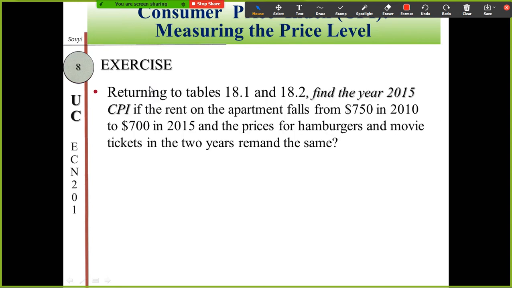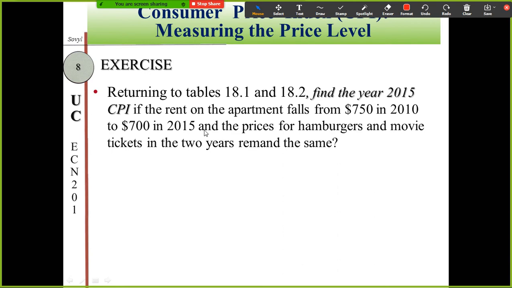Exercise. Returning to tables 18.1 and 18.2, find the CPI for 2015. Suppose the rent on an apartment falls from 750 in 2010 to 700 in 2015, while the prices of burgers and movie tickets in these two years, 2010 and 2015, remain the same.